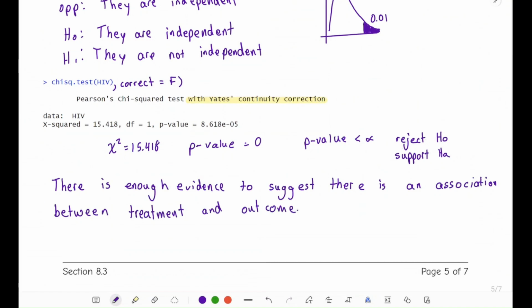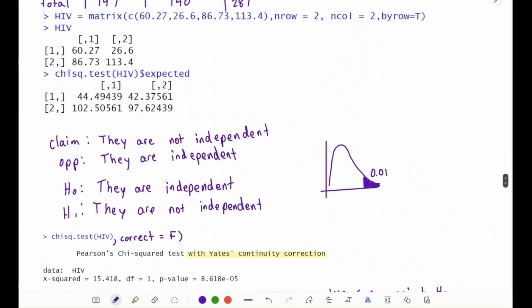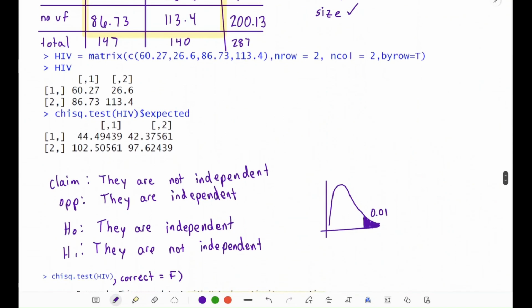And then just like we did last time, to figure out where that association is, we go about and compare observed to expected. So let's see here. This is higher, which then automatically means this is lower. This is lower, and this is higher.